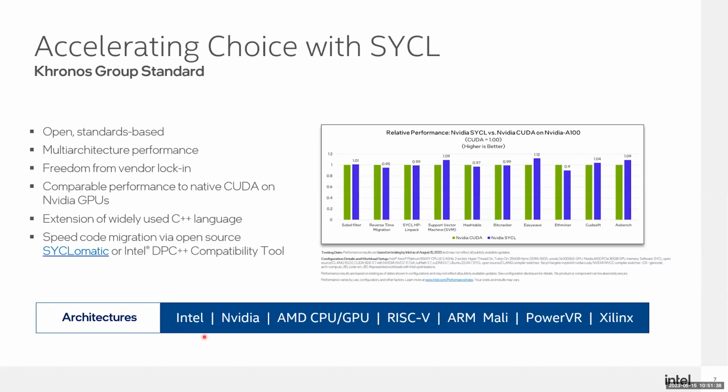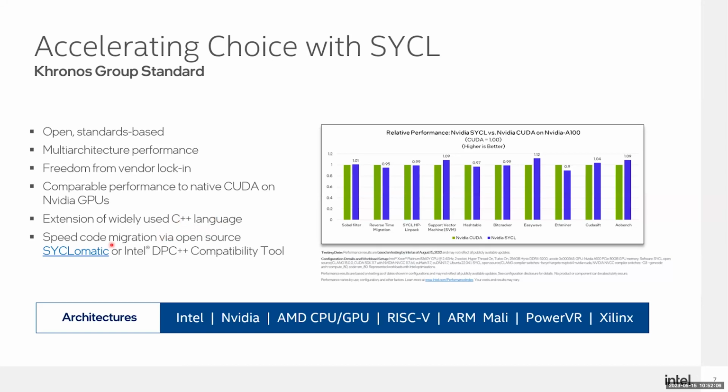You could be using an Intel GPU, NVIDIA GPU, or AMD GPU, and SYCL will enable it to work on all these different vendors, right? And also it's an extension of the widely used C++ language, right? Everybody knows C++ coming out of college. So SYCL is just an extension, like a template library on top of C++. So it's easy to get started.